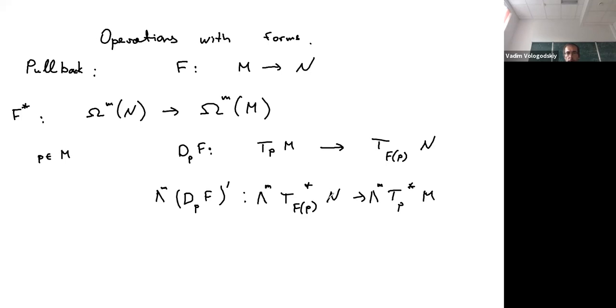So the tangent spaces map in one direction, and the cotangent spaces map in a different direction. And that's why it's possible to define the pullback. So if I have eta, a k-form on M, let's define its pullback.